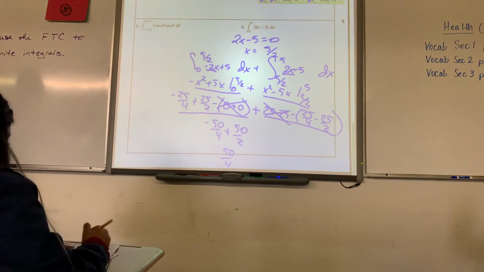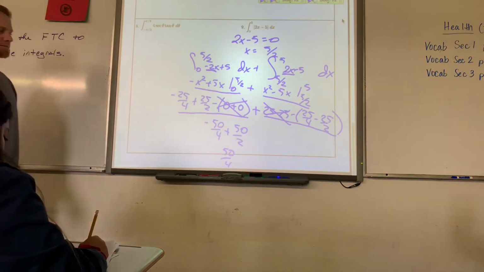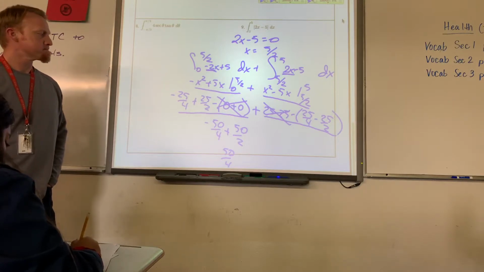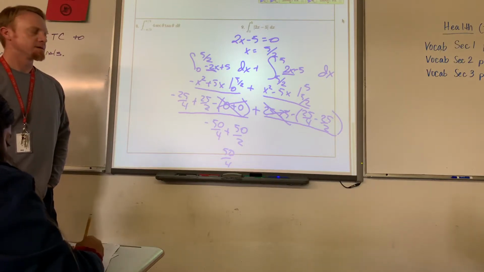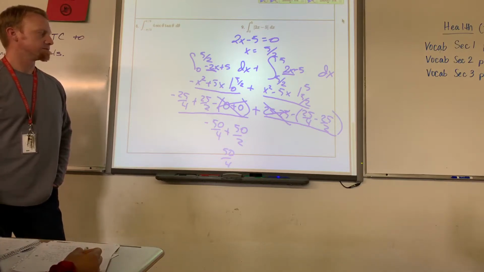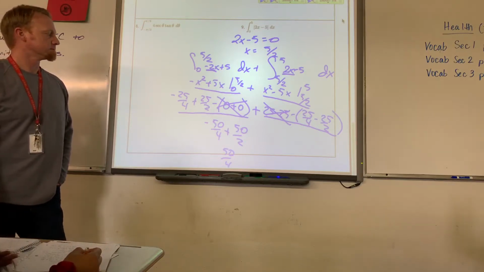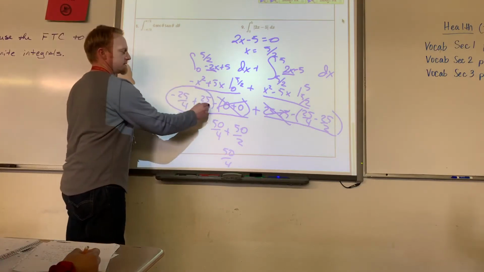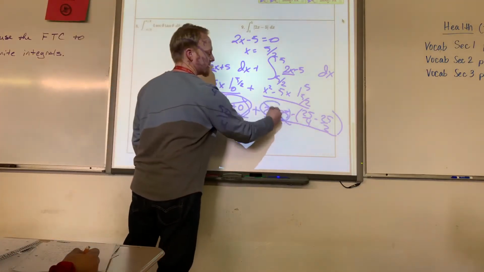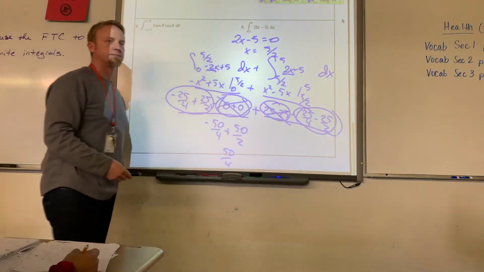So this is whatever we call the FTC equation right there. The 25 over 4 plus 25 over 2, that would be my definition. This would be your B, this would be your F of A. F of B, F of A.